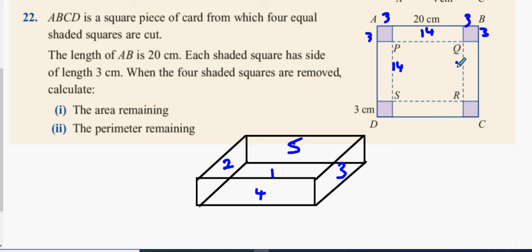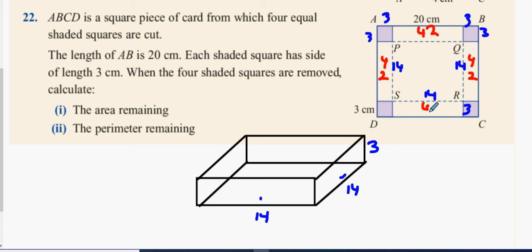Ah, great minds think alike, Alan. So myself and Alan were thinking, look, that's 14, that's 14, and the height was 3. So 3 times 14 is 42. That's another 42. Up here would be another 3 times 14, another 42.